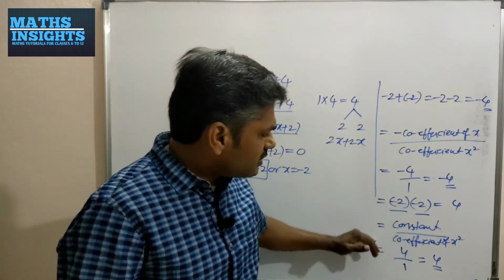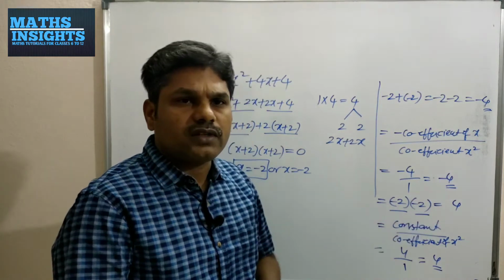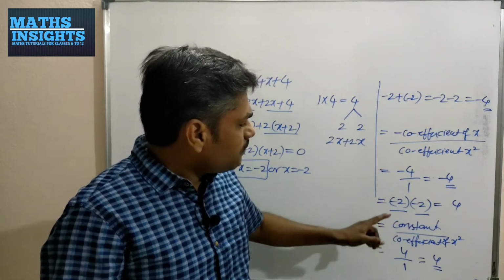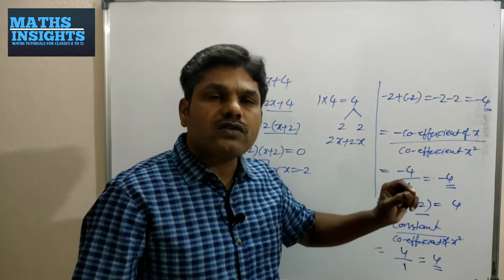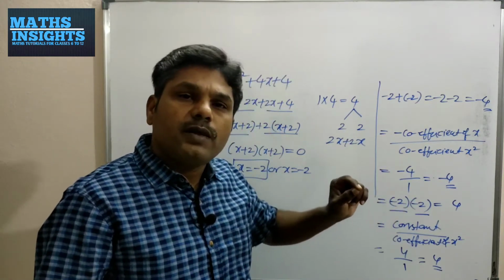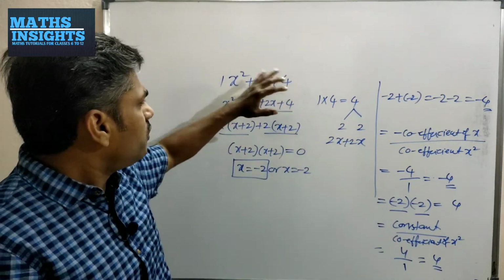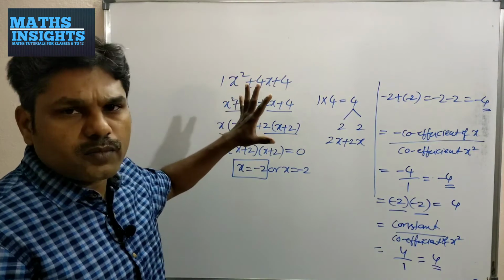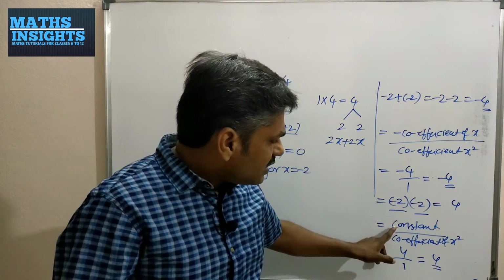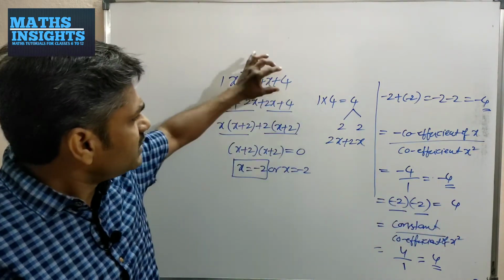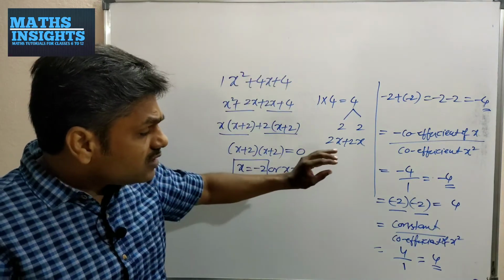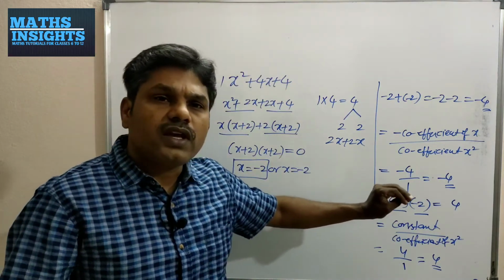So in both cases you are getting the same answer. What I am going to say is that the product of zeros of a quadratic polynomial may be obtained by using the coefficients of this quadratic polynomial with the formula: constant term by coefficient of x square.